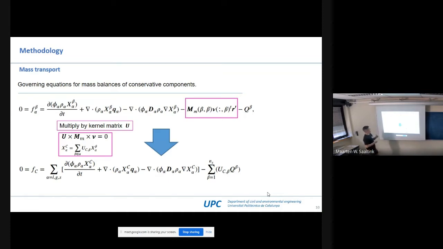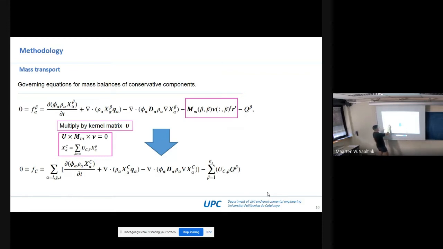How do we get the mass balance equation of the component? We multiply each term by the kernel matrix.